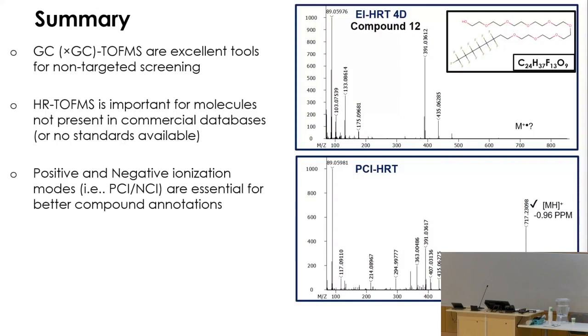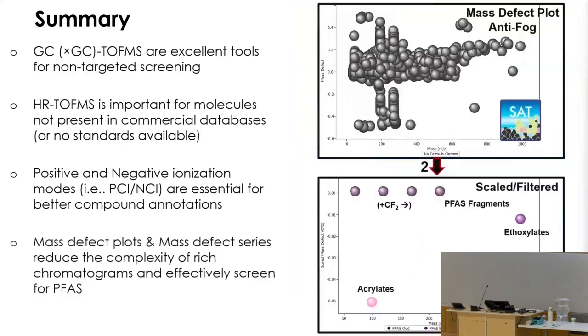And you could use a combination of EI and CI, of course, to gain confidence. You get those formulas, and then you can gain confidence in the annotation. And if you're really looking for fast screening, you're not relying on processing necessarily, right? You don't have to do peak find processing to do this. You can use mass defect plots to target those needles in a haystack.